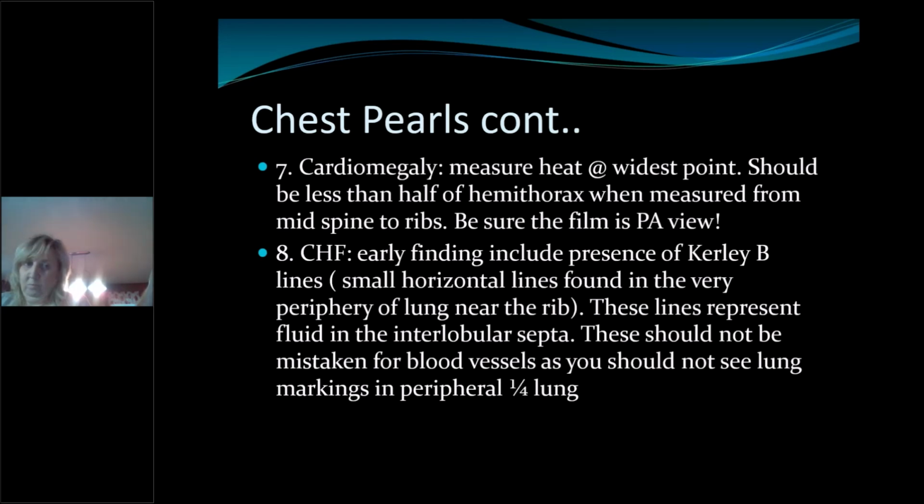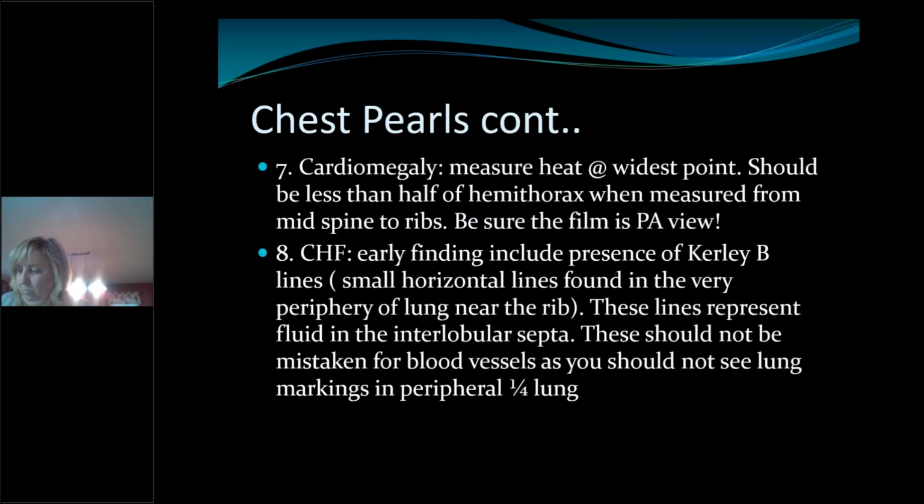Cardiomegaly, I'll show you guys, as I said a moment ago, how to measure that. It's very, very easy. And then another one, CHF. They talk about these things called Kerley B lines, and they're basically horizontal lines found in the periphery of the lungs. And these lines are basically fluid that is captured in the interlobular septae, between the lobes of the lung.